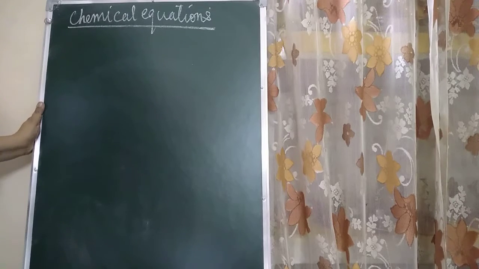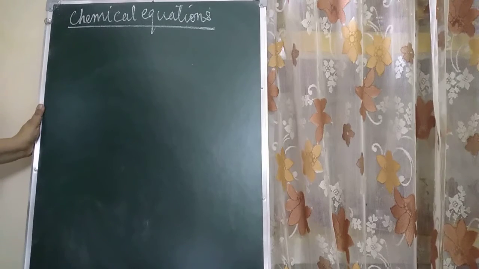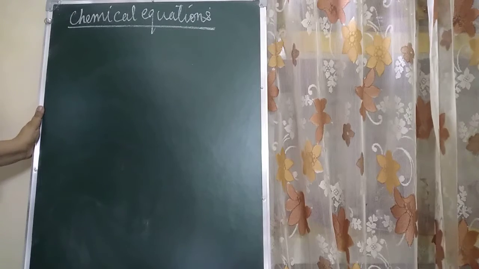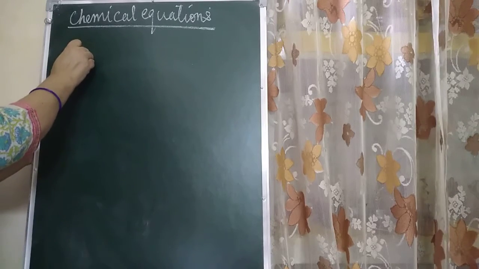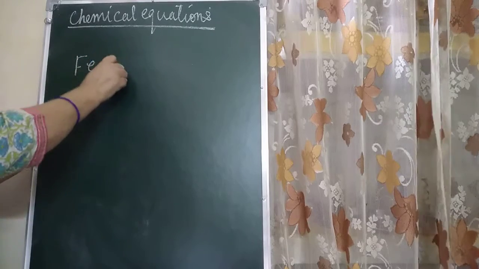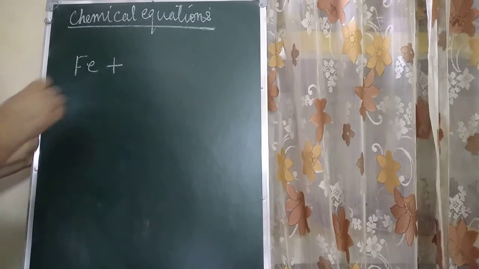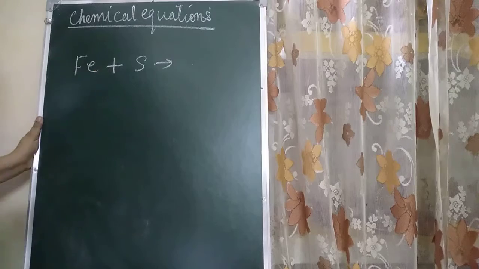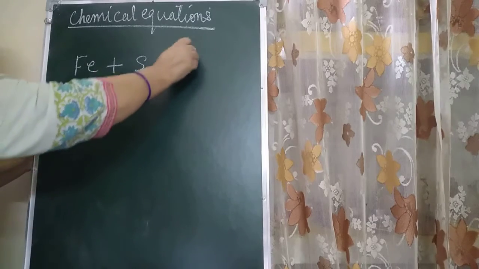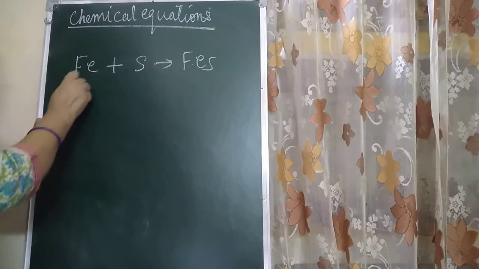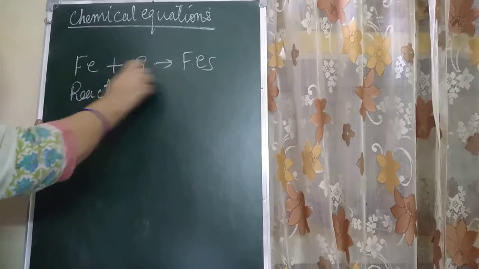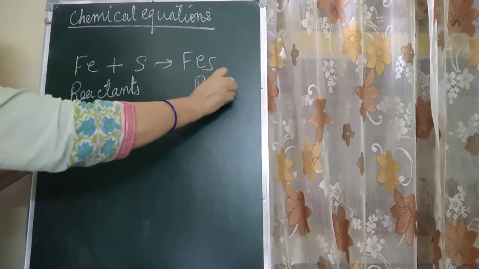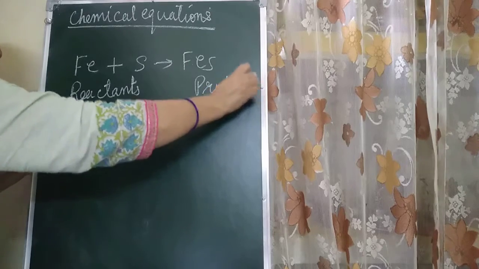Now in a chemical reaction, between the reactants and the products is placed the sign of an arrow, as in iron plus sulfur gives FeS. These are reactants, children, and these are products.